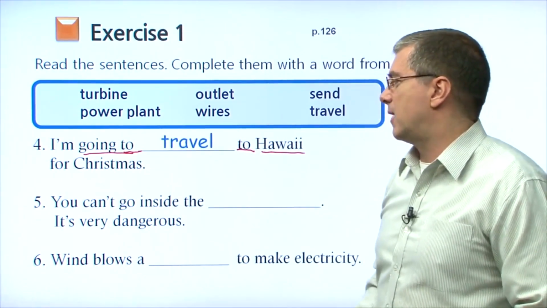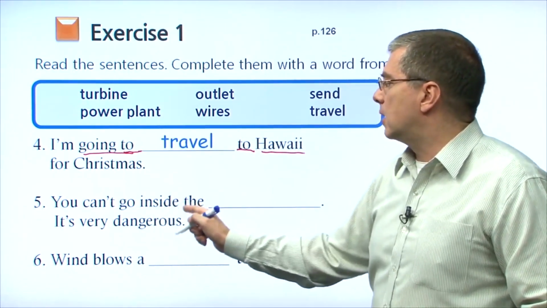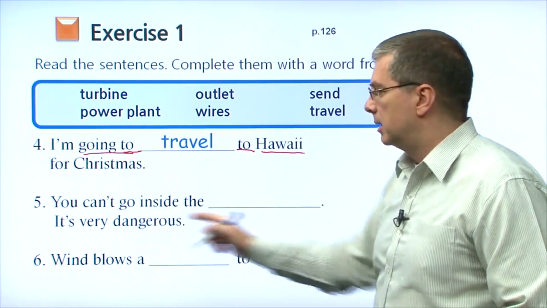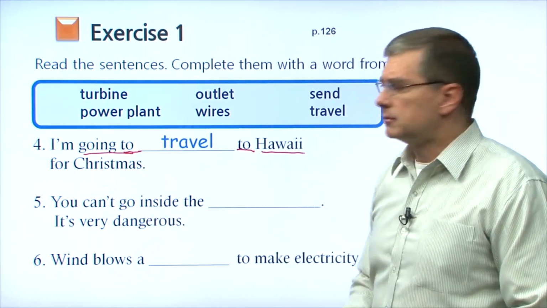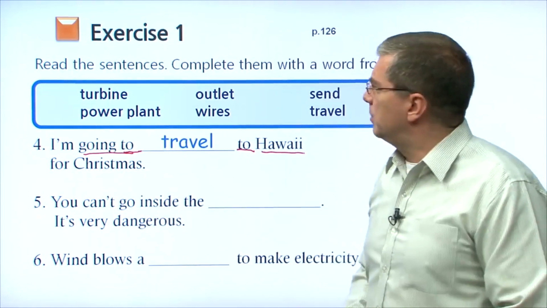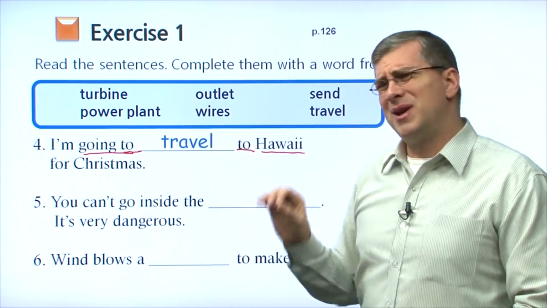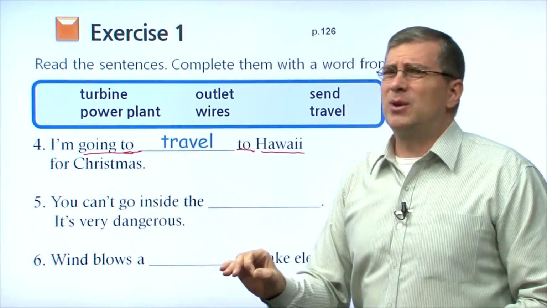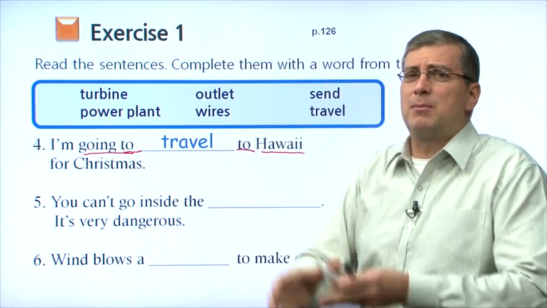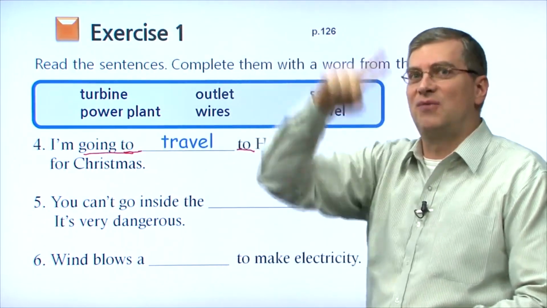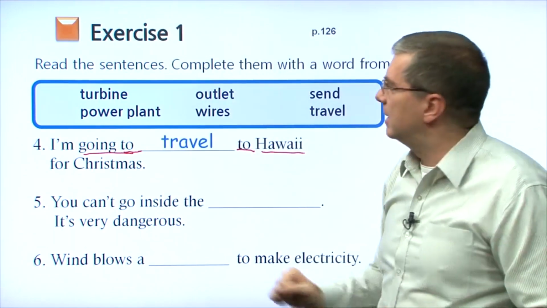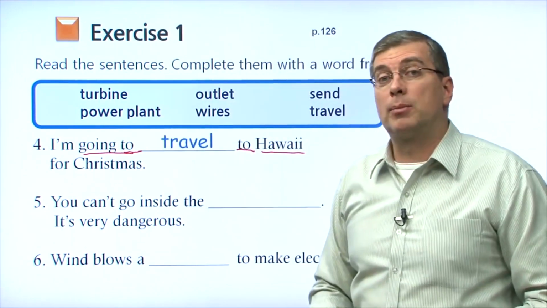Let's move on to number 5. You can't go inside the beep. It's very dangerous. Where would be very dangerous? A turbine? Can you go inside a turbine? You can't really go inside a turbine. It's a big pole with a fan on the top, a huge fan, right? You can't go inside it. But can you go inside a power plant?